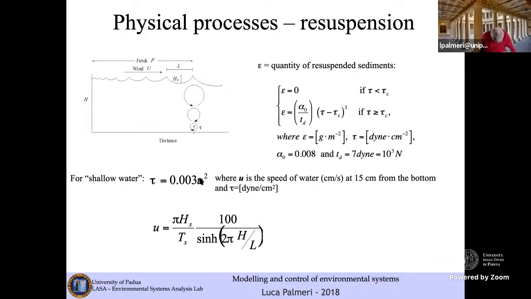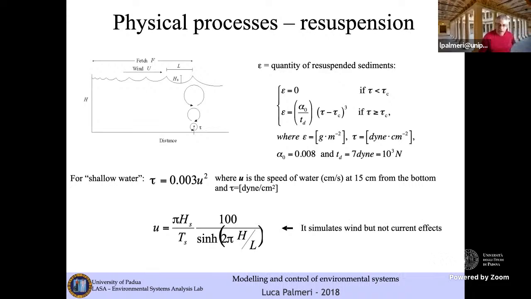Because you know from your flow classes that if you describe a flow in a tube, the speed of flow at the walls of the tube is 0. So by convention, to calculate our suspension model, we evaluate the speed of the water at 15 centimeters from the bottom.